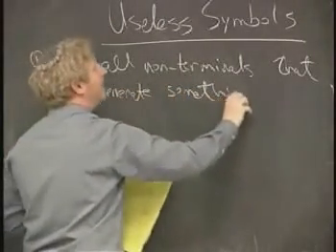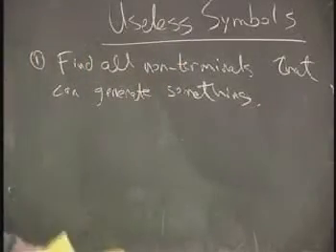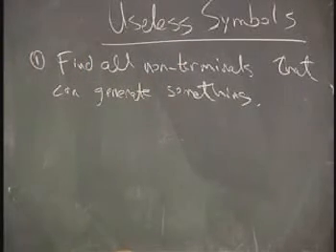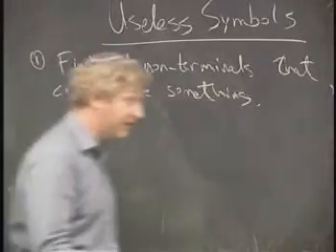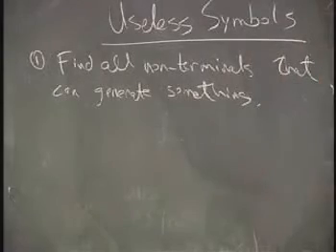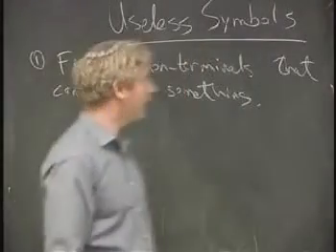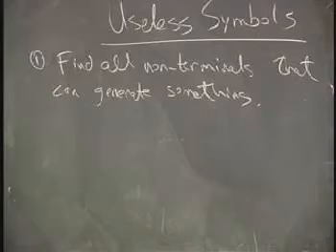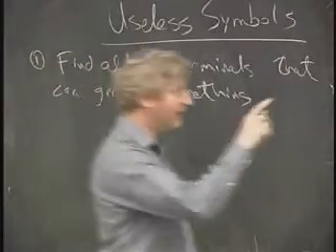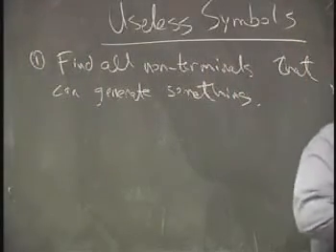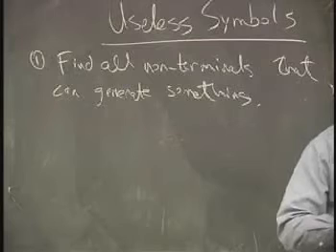This excludes things like C. Find all the things that actually generate something, that don't sit around and loop on their heads. Do that first. All the ones that don't generate anything, like C, get rid of them and get rid of every production in which they appear.